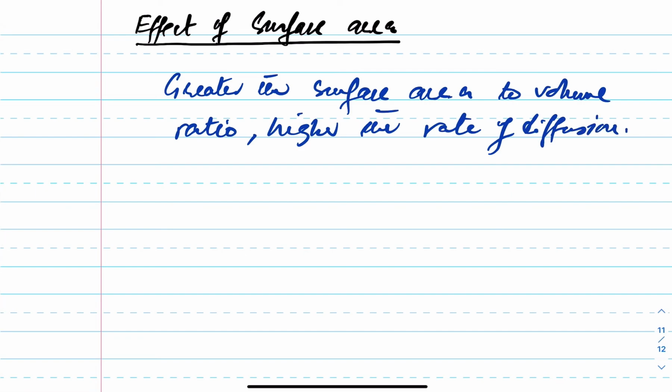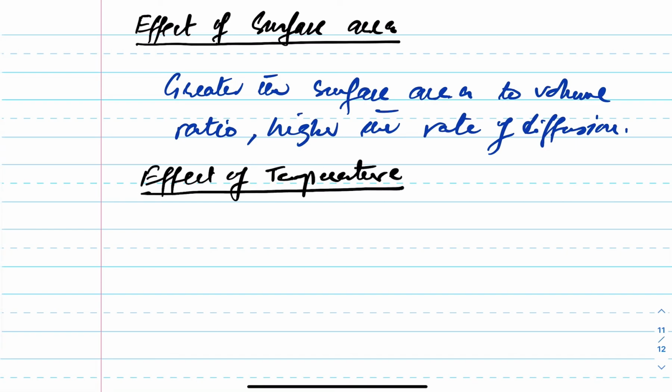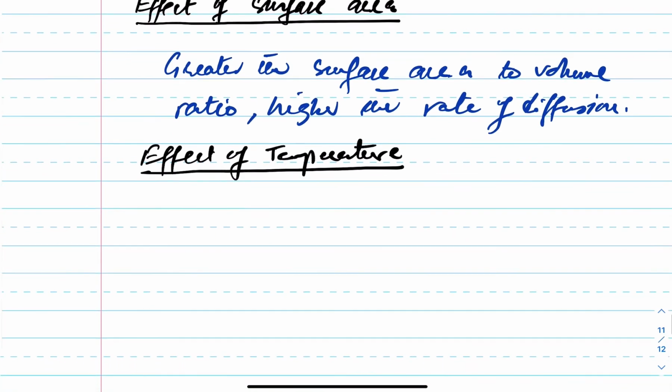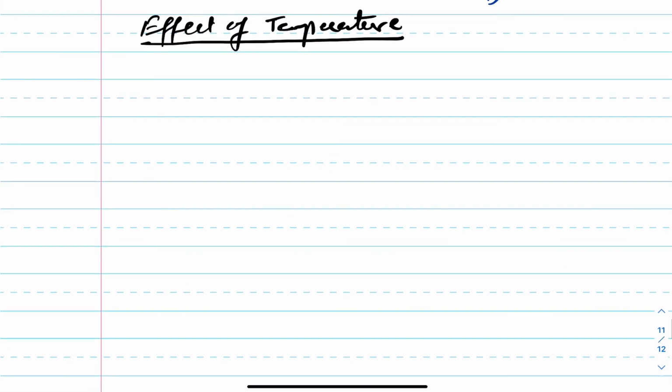And finally, effect of temperature. Temperature increases kinetic energy of the molecules and increases the rate of random motion. So, temperature increases the rate of diffusion.